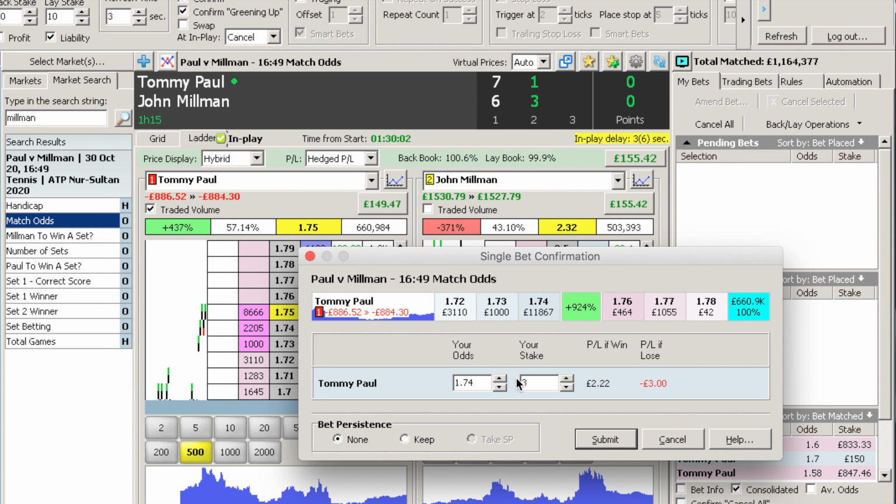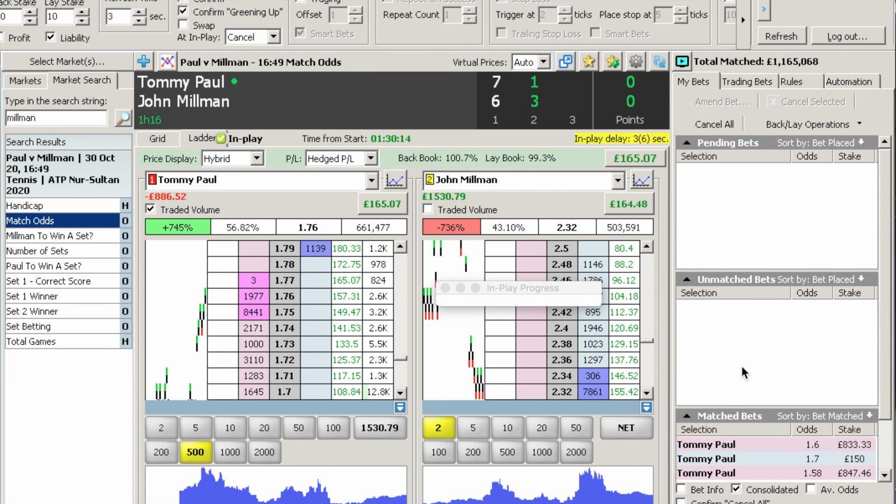I probably want to go a little bit higher than that, maybe 400. Let's see what 400 will give me. 400 will still give me lots of profit, and £590 liability. So we'll enter that.